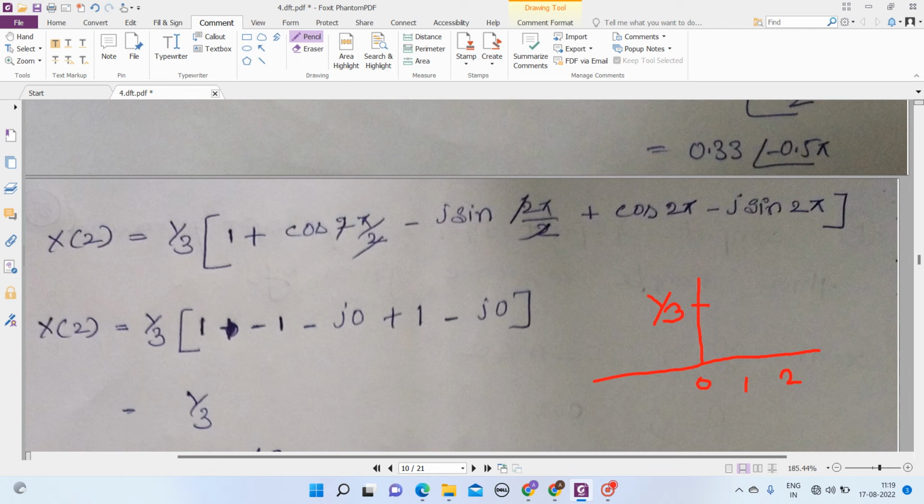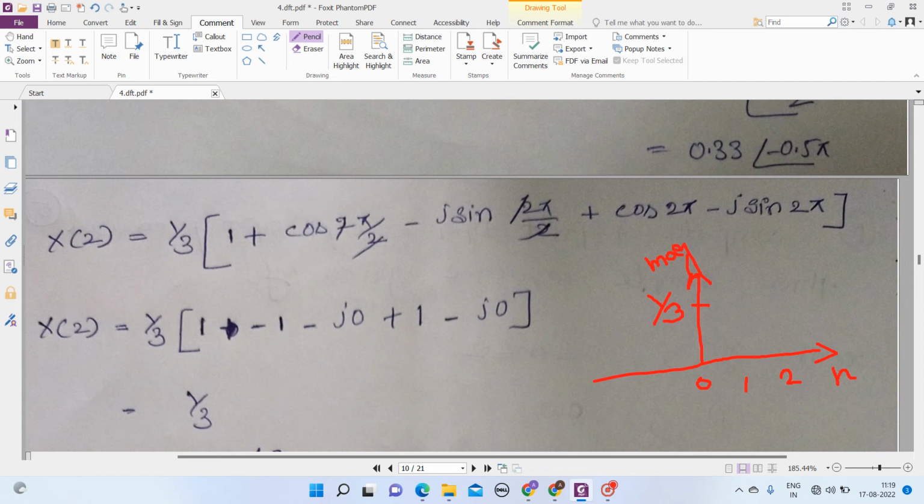The x-axis is n, the y-axis is magnitude, or sometimes we can also call this amplitude. I think you know very well the difference between amplitude and magnitude. We will discuss those things in the upcoming videos.